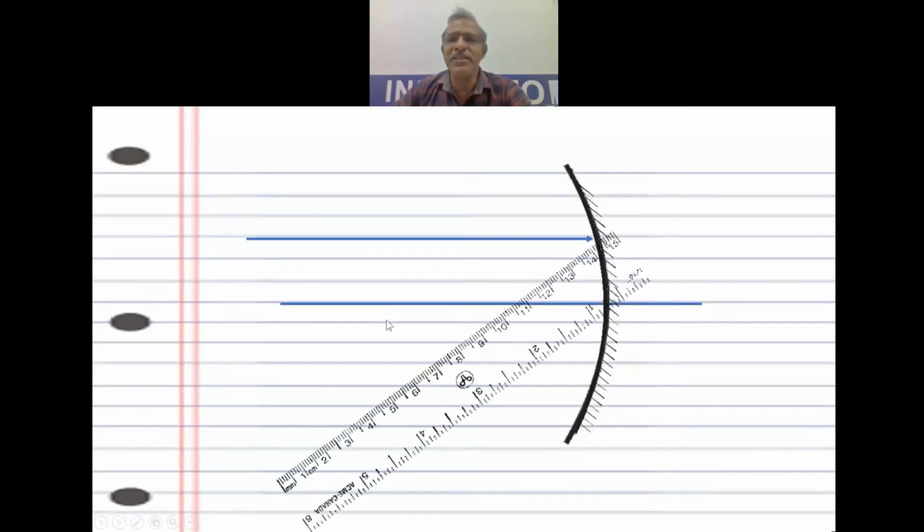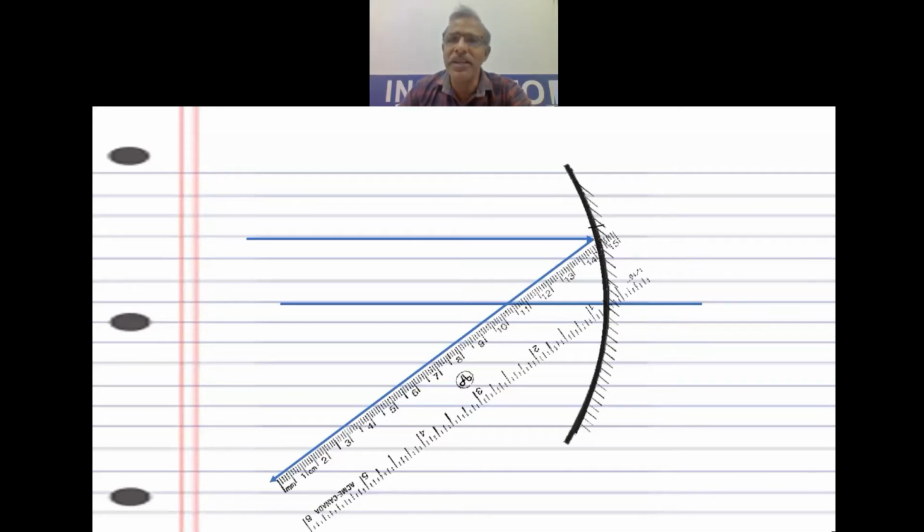So what happens? You have already seen in the experiment, please refer to the previous video. It converges. And why does it converge? It exactly follows the laws of reflection. And what are the laws of reflection? Angle of incidence is always equal to angle of reflection.